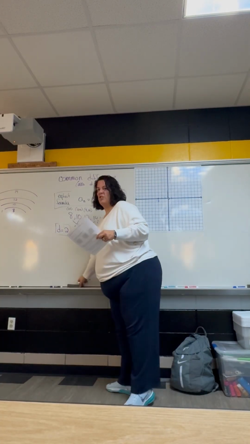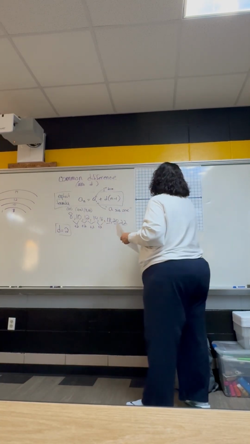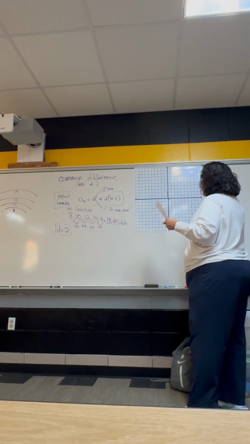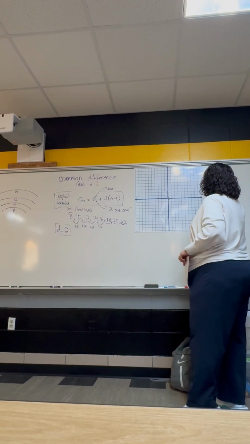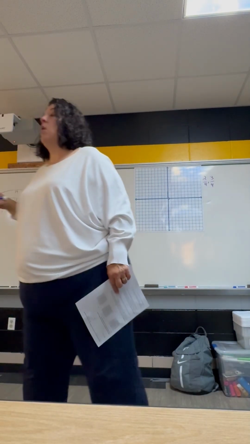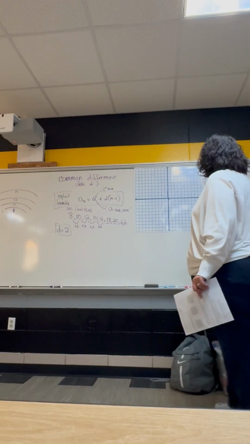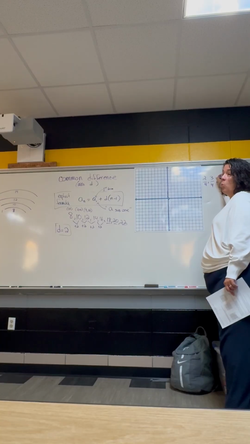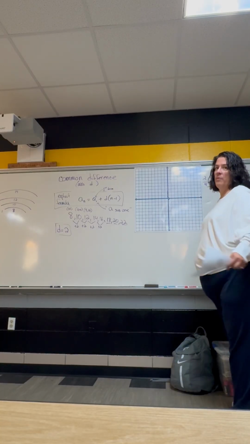So if the first term is equivalent to 2/4, and the second term is 3/4, how can you go from the first term to the second term? By adding 1/4. So let's check. If I add 1/4 to 3/4, what do I get? 1 whole. Is that the third term in my sequence?